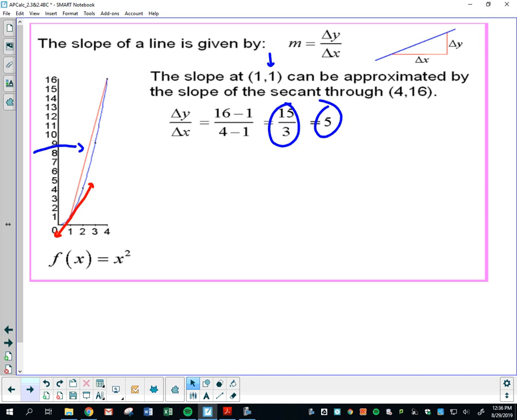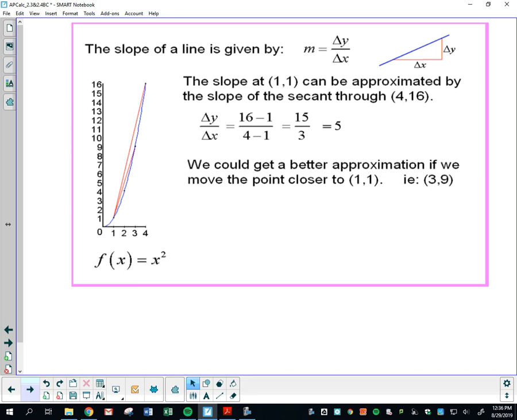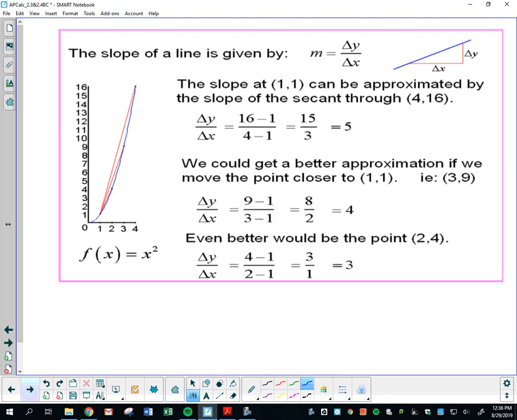So instead of going from 1, 1 to 4, 16, what happens if I go from 1, 1 to 3, 9? Then I can do the same calculation for slope: y2 minus y1 over x2 minus x1, and this little delta stands for change in y over change in x. I get 4. That's this second red line on the inside there.